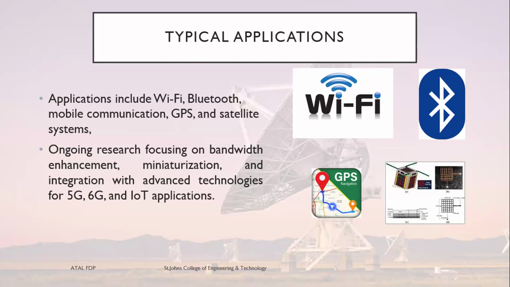How to minimize that is another area of research. And how do you integrate this with advanced technologies like 5G, 6G, and IoT? These are the major areas on which people are working, especially in microstrip antennas.